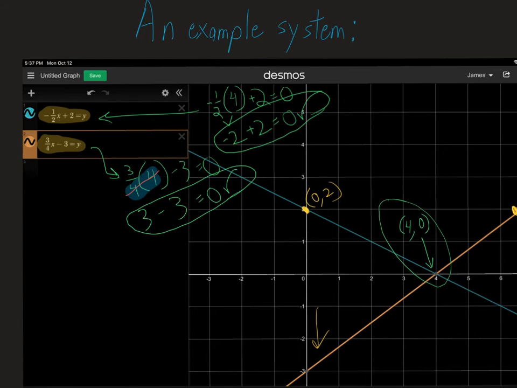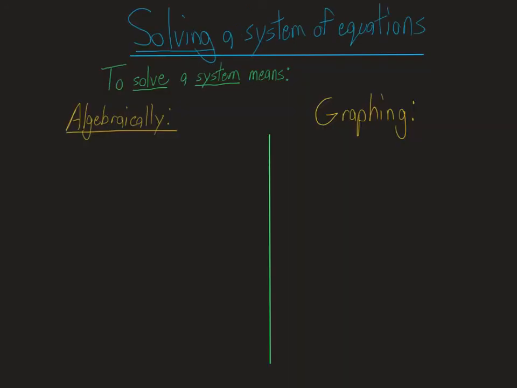So that, in a nutshell, is the next unit. Given two equations, you need to be able to find the single solution to both of them, which is the point that's on both lines. All right, solving a system.